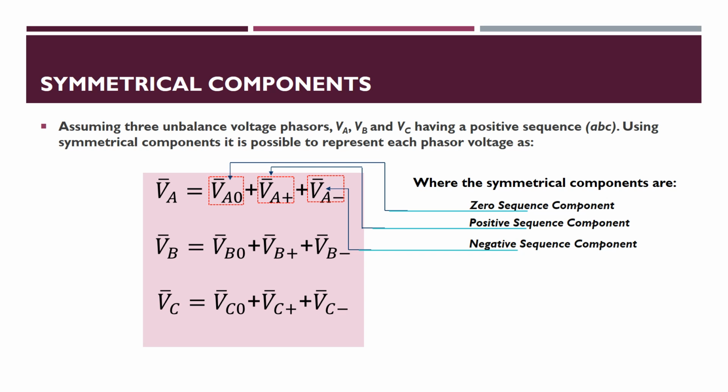All of these minus components have the same magnitude and a 120 degree phase angle difference. But VA0, VA plus and VA minus, similarly VB0, VB plus, VB minus, and VC0, VC plus, VC minus, will not be equal to each other.